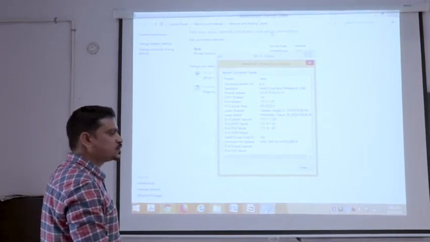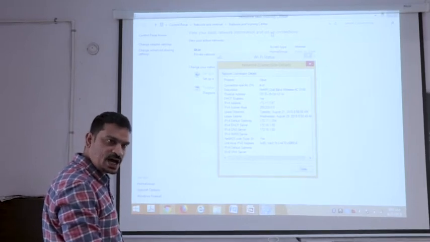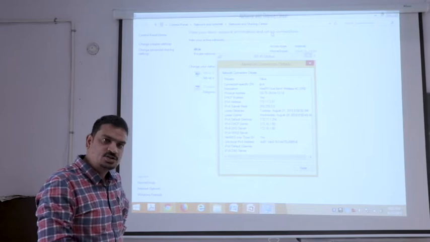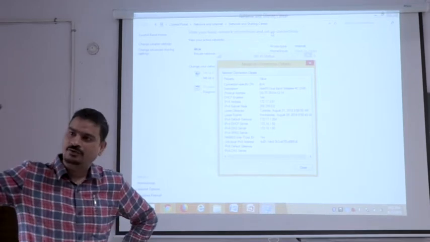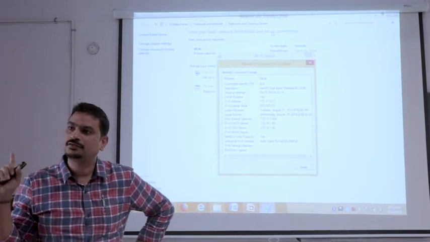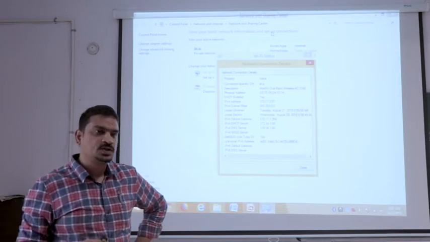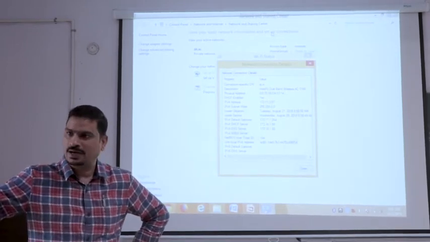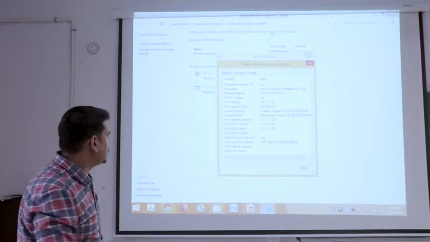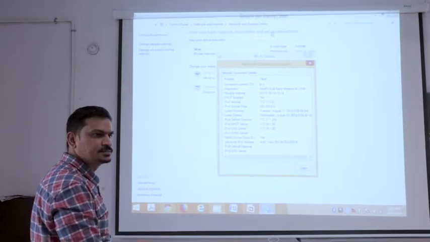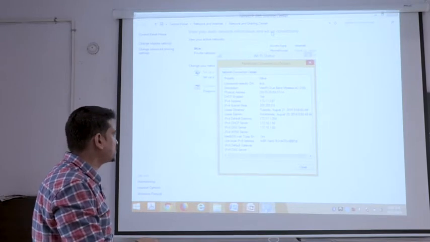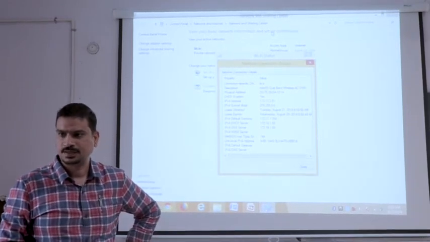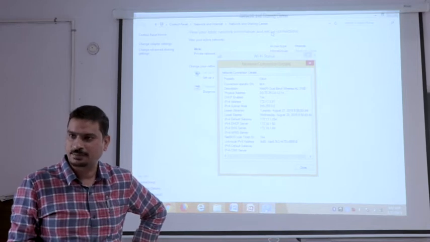This is the Dynamic Host Configuration Protocol server, which is giving me the addresses, and this is the DNS server, the domain name server. By these domain names, we are connected to the internet. We all are connected with the internet. So outside this institute, if anybody wants to see me, they will see me with this particular address, 192.16.1.60. This is again an IPv4 type of address.